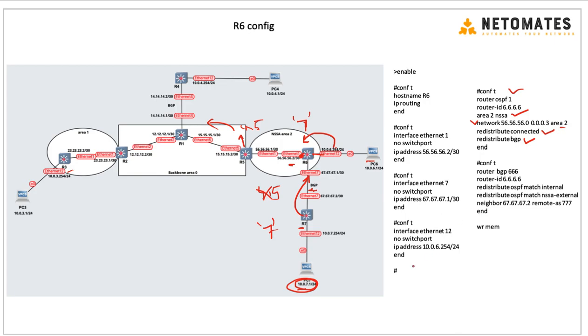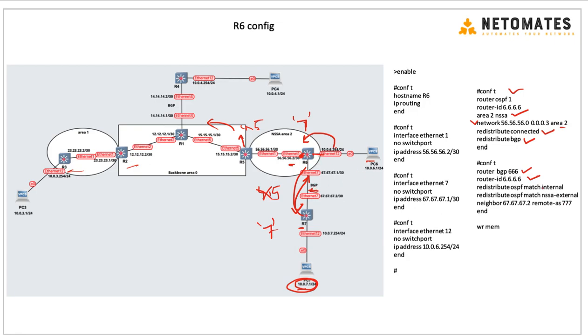So next configuration is BGP configuration. In the BGP configuration of R6 we have router BGP 666, the autonomous system number, and the router ID. And now what we are doing with BGP is whatever routes R6 is learning from OSPF, the internal routes as well as the external routes, we are sending them all into BGP, so that R7 will learn about all these routes in this topology through BGP.